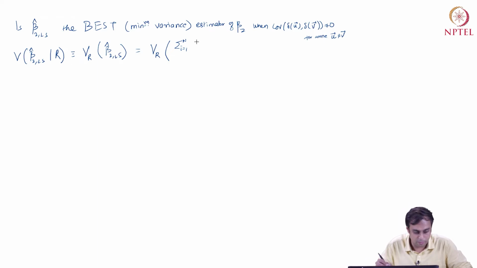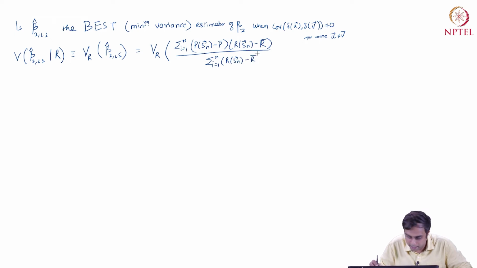So this is going to be summation of R Sn minus R bar times P Sn minus P bar divided by summation i equals 1 to n R Sn minus R bar the whole squared. Right?